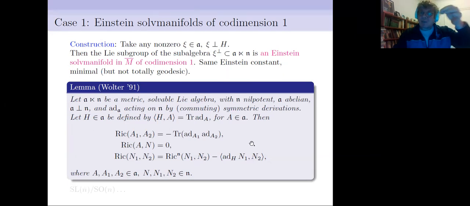So you take a vector which is perpendicular to our h, you take its orthogonal complement, you exponentiate, and you get a subgroup of codimension 1, which, as a Riemannian submanifold, is a hypersurface of codimension 1. And because of this remarkable fact, it is also Einstein, provided the space you started with was Einstein.